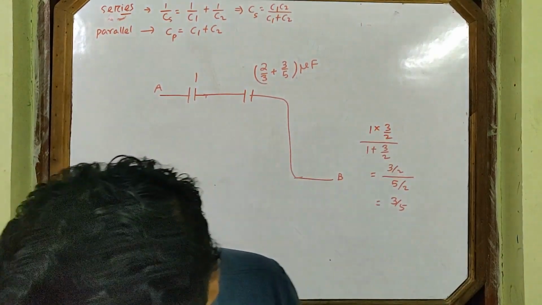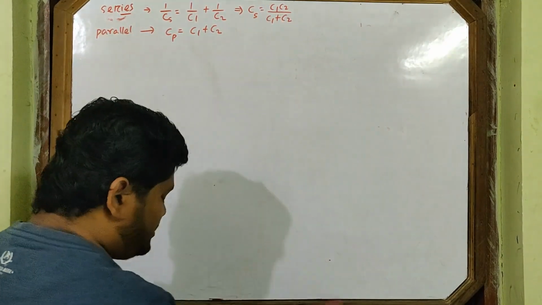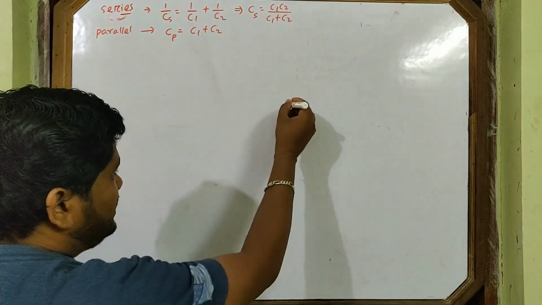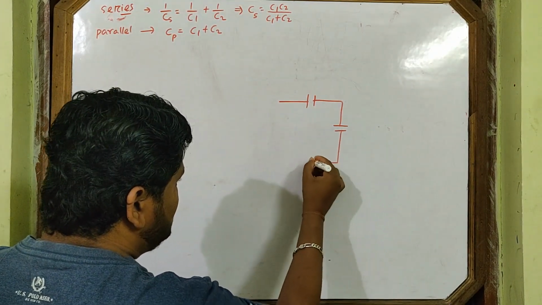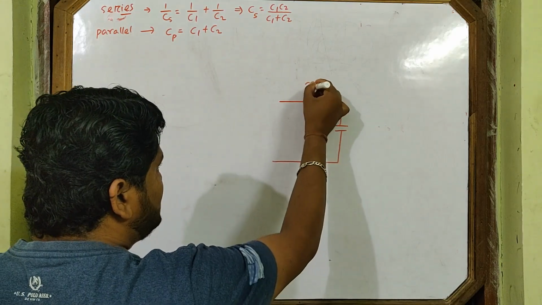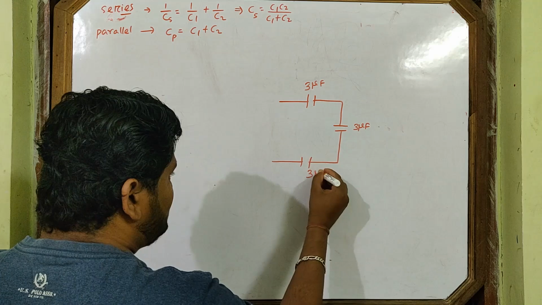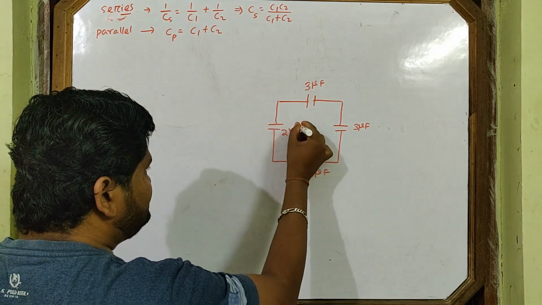Now I will go to the next question. It's also a very interesting one. Now you see this one: 3, 3, 3. This is one capacitor, this is one capacitor, 3 microfarad each. Then here is 2 microfarad.